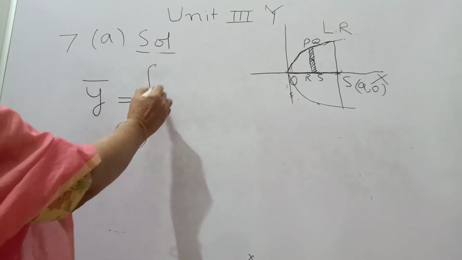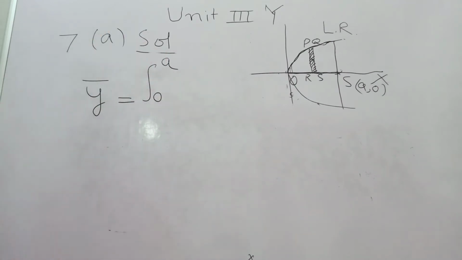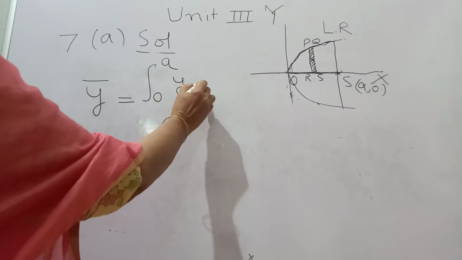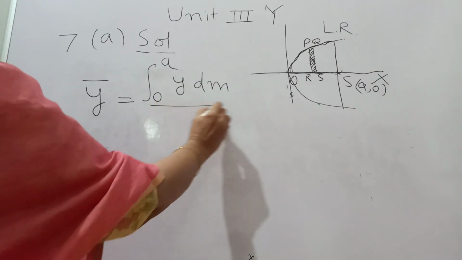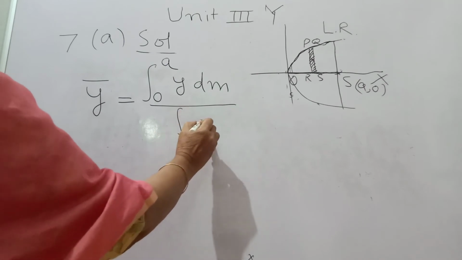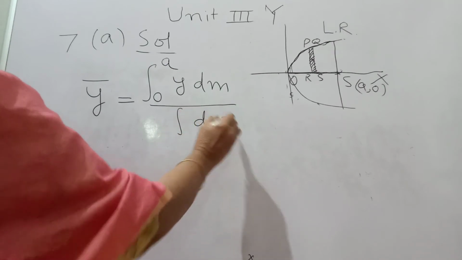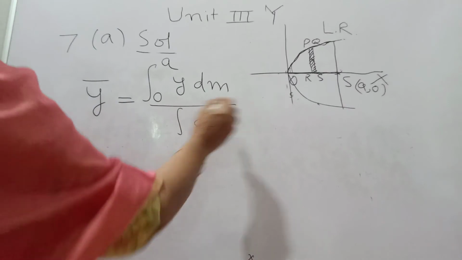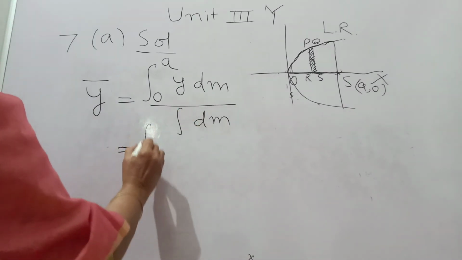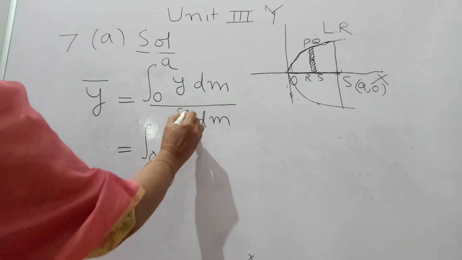integral 0 to a y dm divided by integral dm. Now when you put the value of dm, you will get this becomes 0 to a.